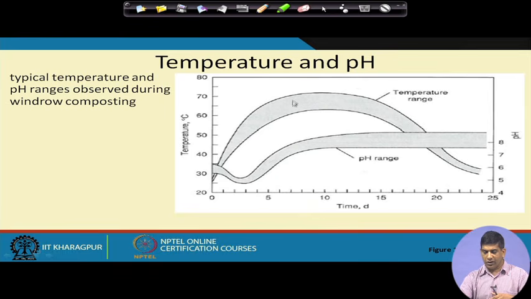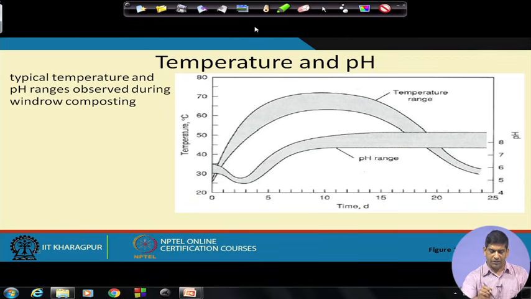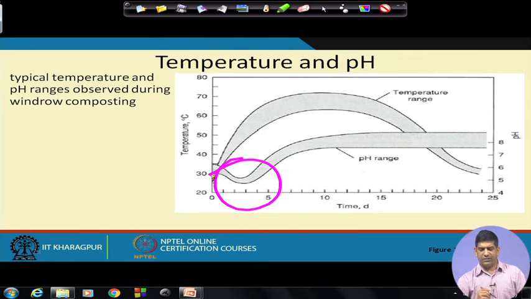There are two lines, the bottom and the top, and the one in the middle shows the range. The gray portion is the temperature range and the pH range. In pH, as you can see here, we had a certain dip, and that dip is because of the acids being formed, like acetic acid.